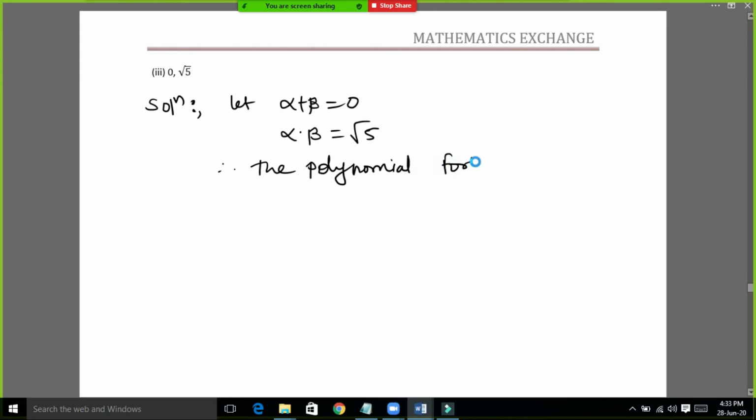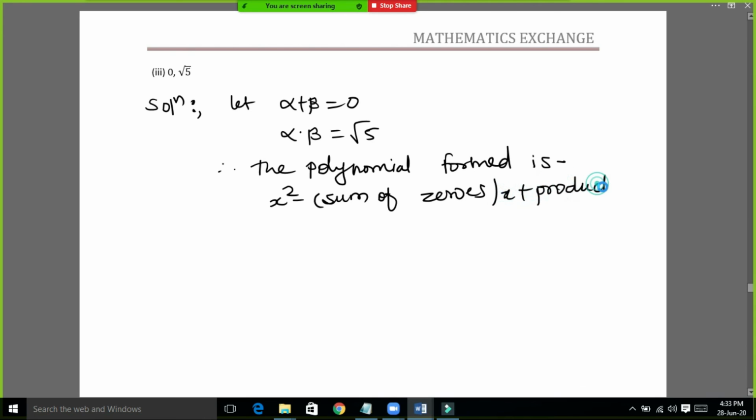form is x square minus sum of zeros into x plus product of zeros. So x square minus sum of zeros, that is 0, into x plus product of zeros, which is root 5.